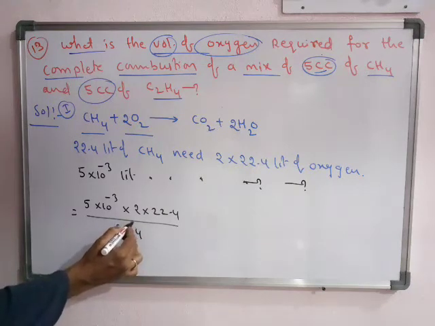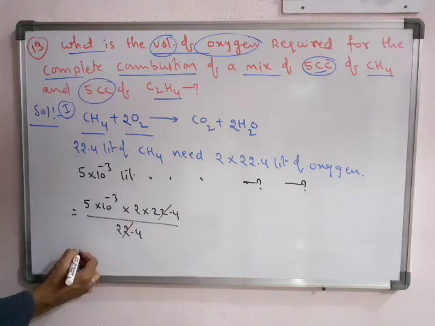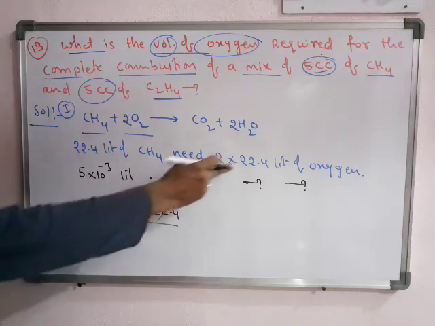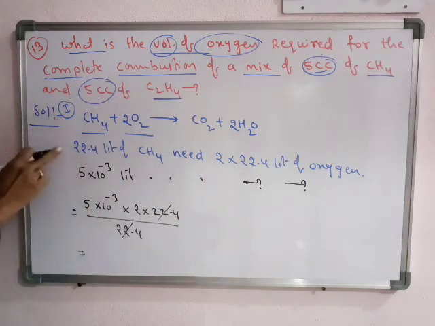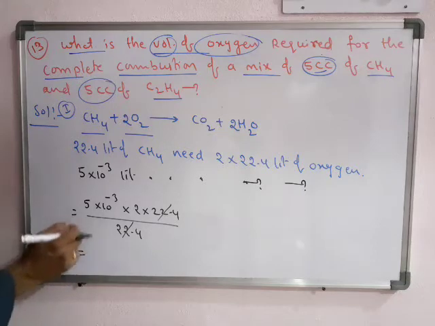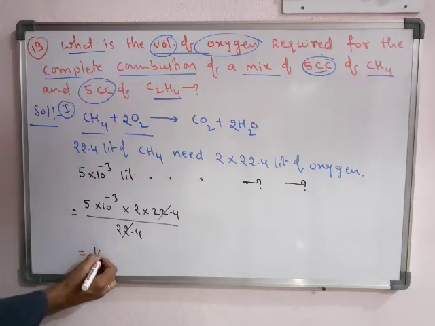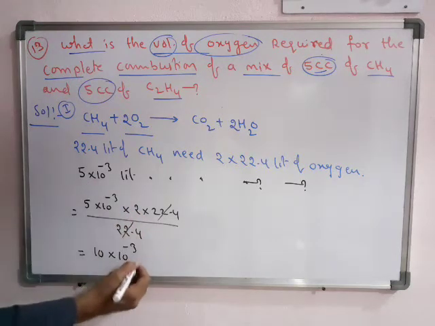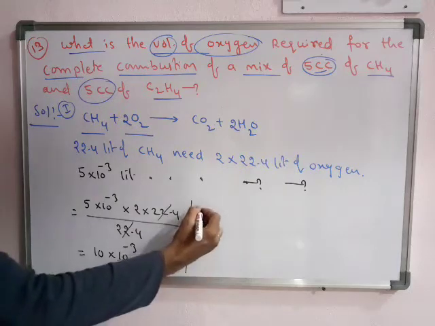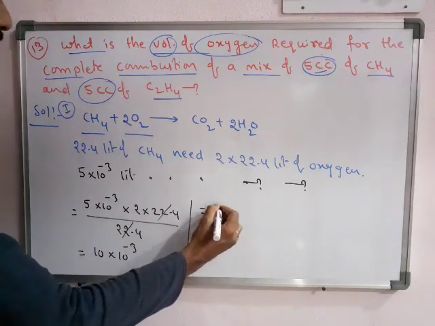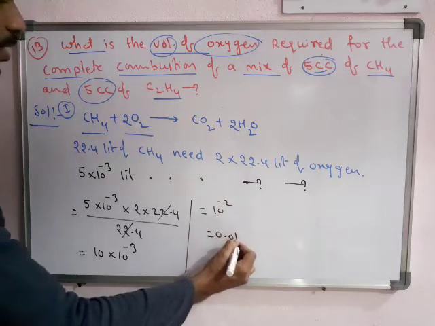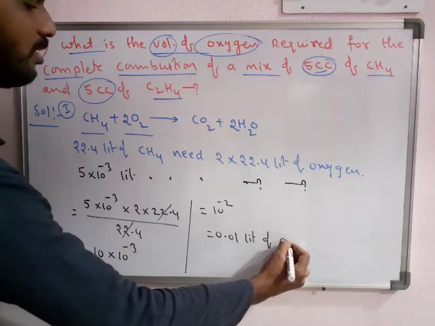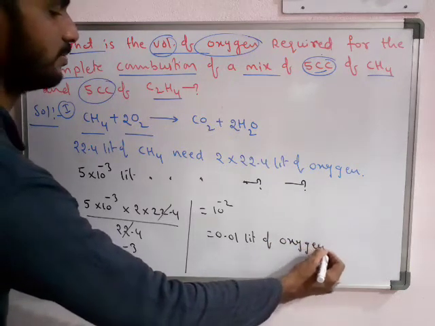So we are getting 10 into 10 power minus 3, which is 10 power minus 2, that is nothing but 0.01 liter. 0.01 liters of oxygen is required for this.